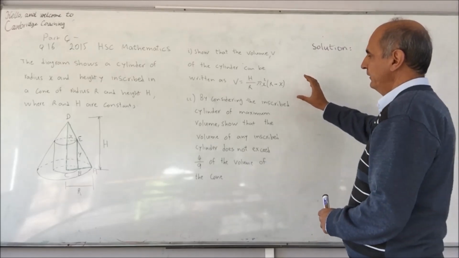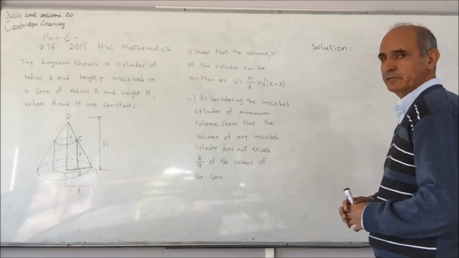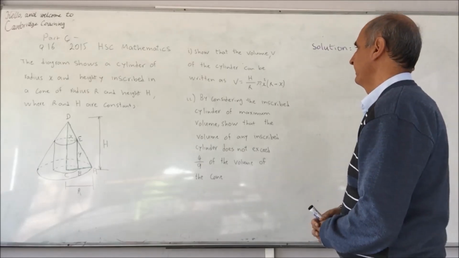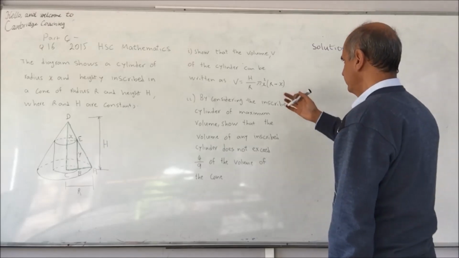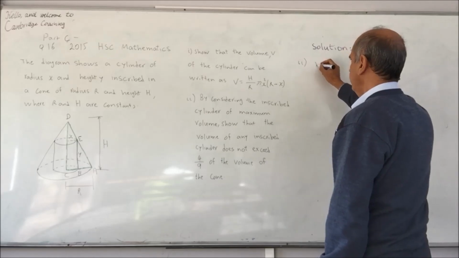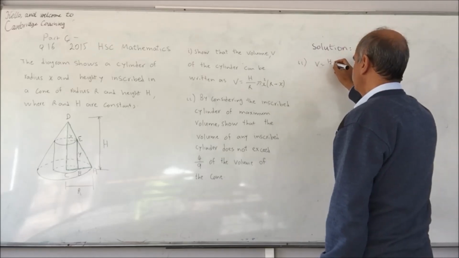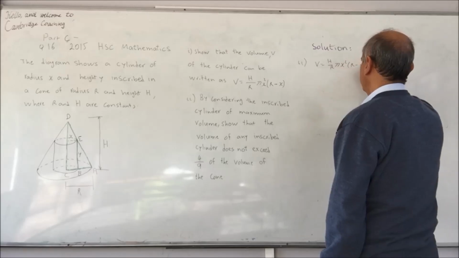Basically you know that to find the maximum of any quantity, we need to differentiate and equate the derivative to 0. So let's do that here. V is equal to h on r pi x squared (r minus x).